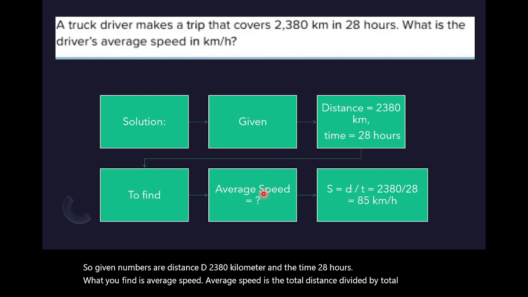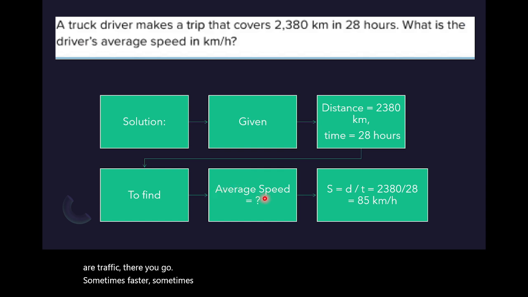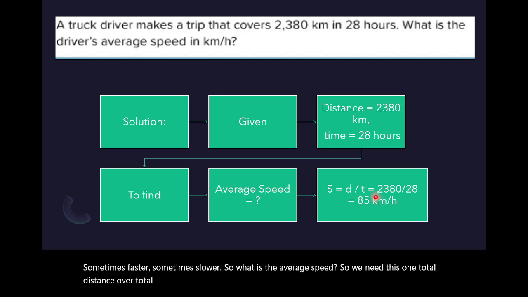We call it average speed when the speed may change; sometimes on the road there is traffic, and you go sometimes faster, sometimes slower. So what is the average speed? We need total distance over total time. So this is 2380 divided by 28, which gives you 85 kilometers per hour.